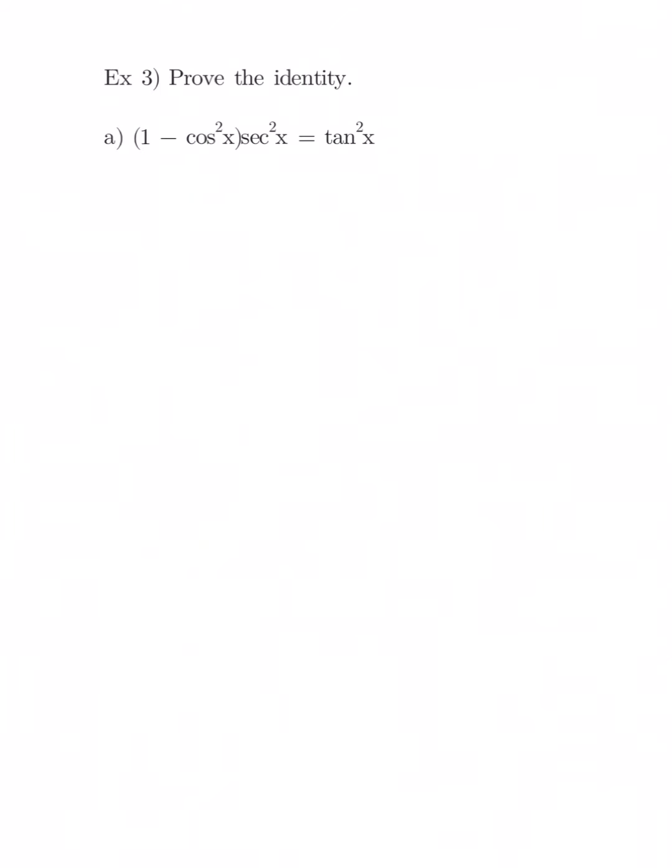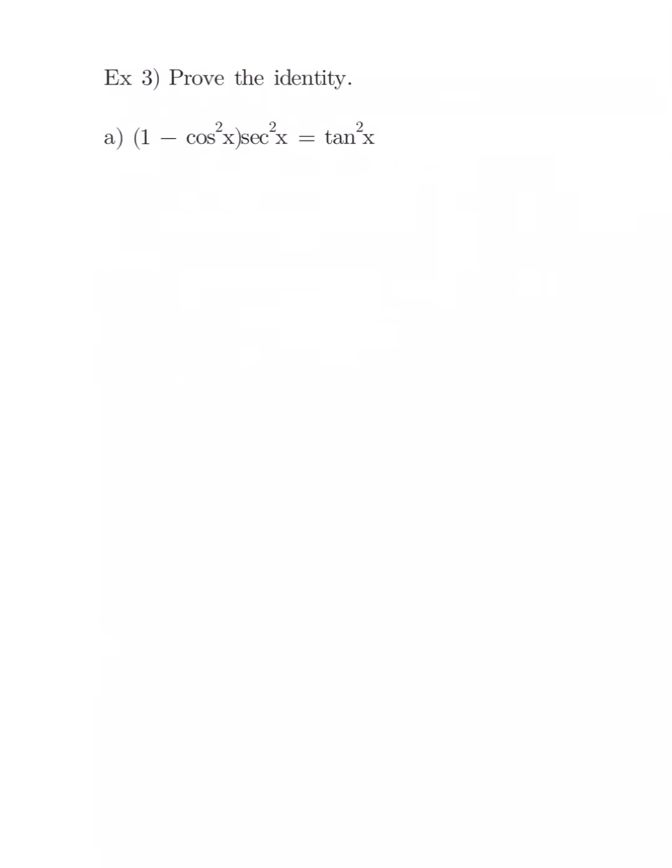On example 3, we are asked to prove the identity. On A, our identity that we are asked to prove is that the quantity of 1 minus cosine squared times secant squared equals tangent squared.